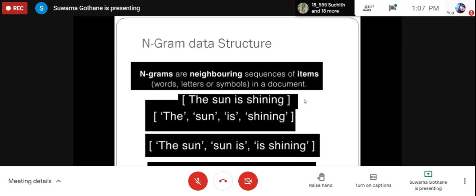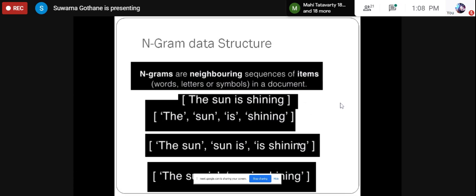So n-grams are neighboring sequences of items such as words, letters or symbols in a document. If this is a short sentence, "the sun is shining", then considering individual words is called a unigram model, this is called a bigram model, and the third one is called a trigram model. So we can construct for n equals any length which is of fixed size.